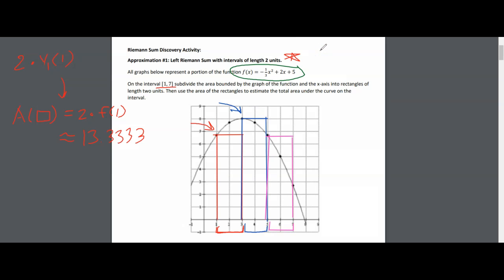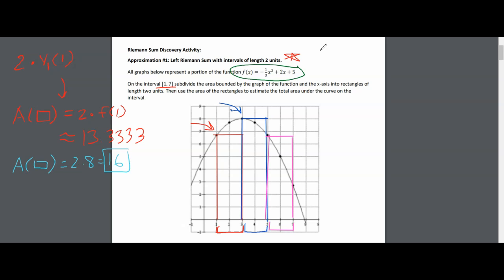For my next one, that's a little easier. Area of the blue, I'm doing it in light blue so we can see it a bit easier. It's just 2 times 8, so 16. That point just falls right on the edge of a box, so we know that that y value is 8.